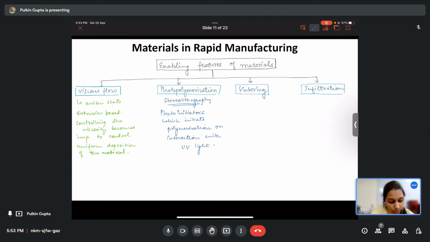Then we have sintering, which is a time dependent consolidation of powder particles. So in many rapid manufacturing processes, sintering is employed. We have seen selective laser sintering, etc., as the processes where sintering occurs. So for sintering, we need a reduction in total surface area, which is the driving force for densification.